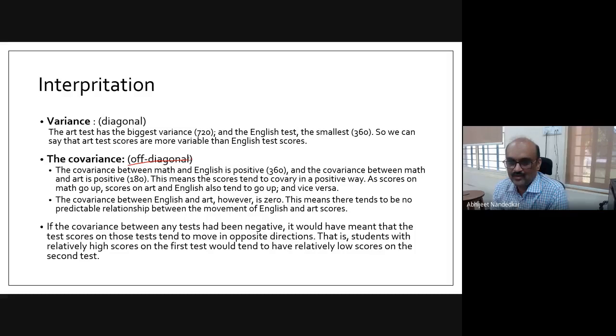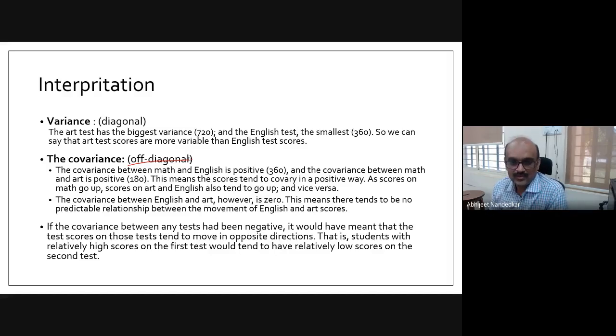This means the scores tend to co-vary in positive way. As scores on maths go up, scores on art and English also tend to go up, and vice versa. The covariance between English and art, however, is 0. This means there tend to be no predictable relation between the movement of English and art scores.